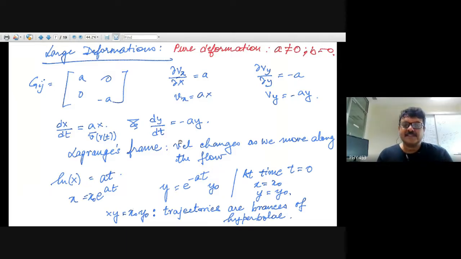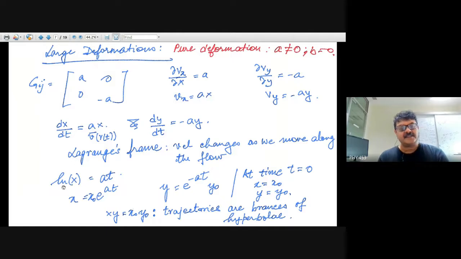So what you'll see from here is that the velocity is changing as x changes, right? And both in the x and y directions, velocity changes as we move along the flow. At different points in space, the velocity is different. But if you want to look at the deformation, the delta x, then we have to integrate this once again.